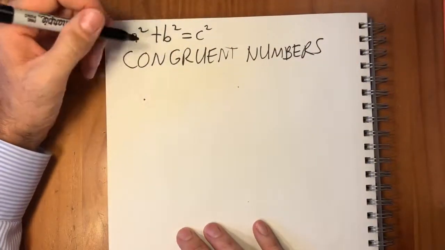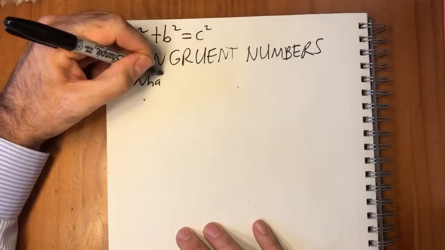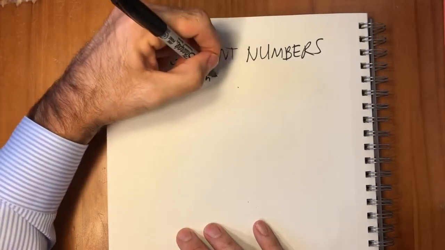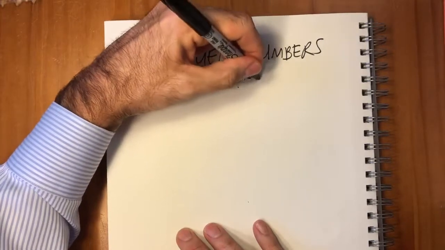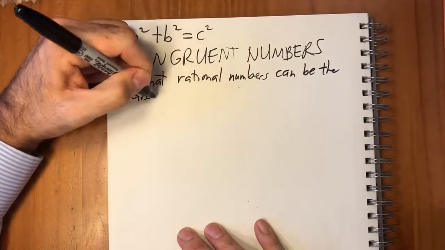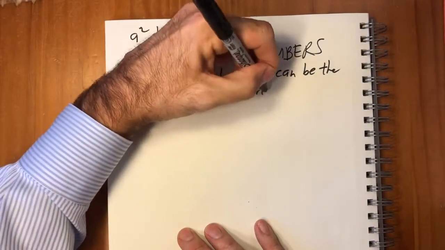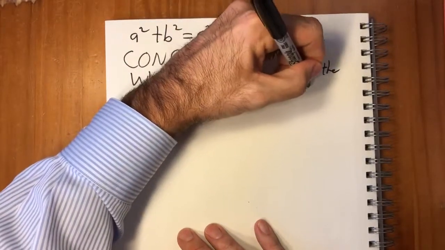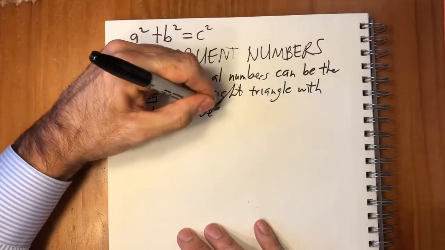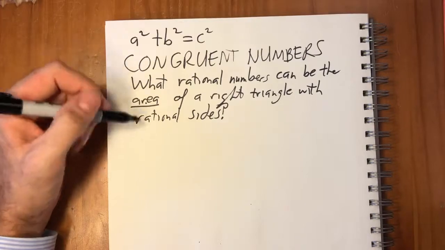What that means is, what rational numbers can be the area of a right triangle with rational sides? Any number that fits this is called a congruent number.